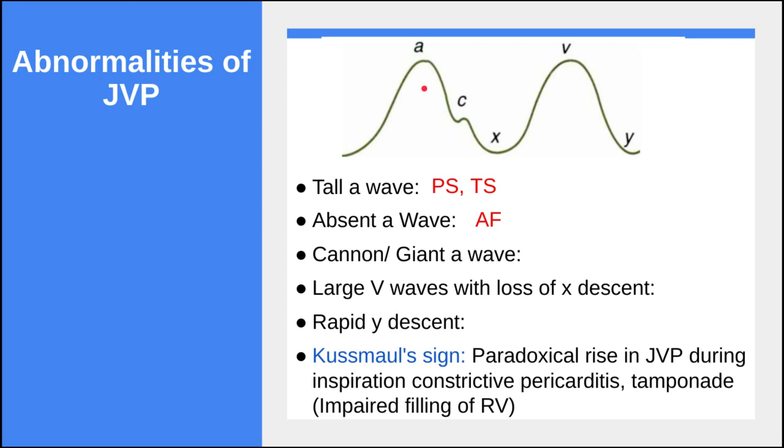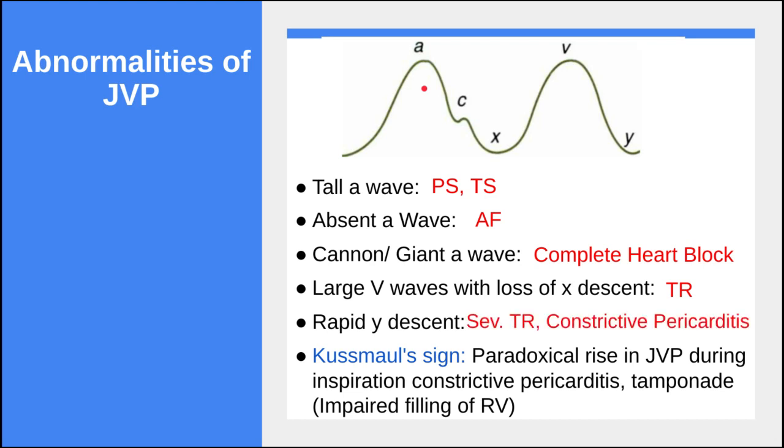Then cannon or giant A wave is seen in loss of coordination between atria and ventricle, when the atrium contracts against a closed valve, like in complete heart block. Then large V wave with loss of X descent is seen in tricuspid regurgitation, and rapid Y descent is in severe tricuspid regurgitation and constrictive pericarditis.